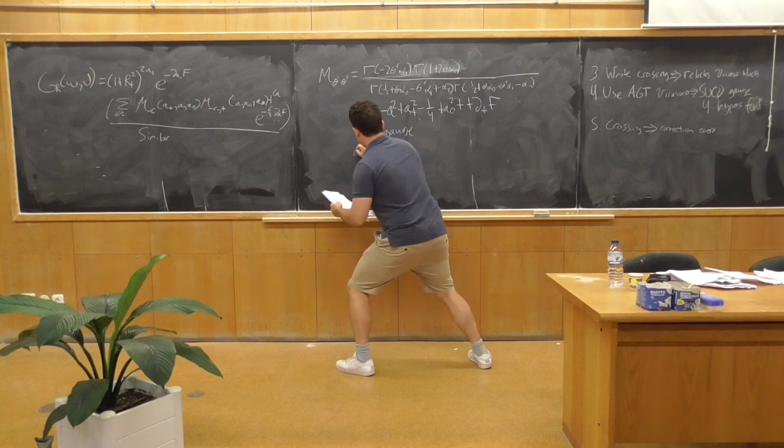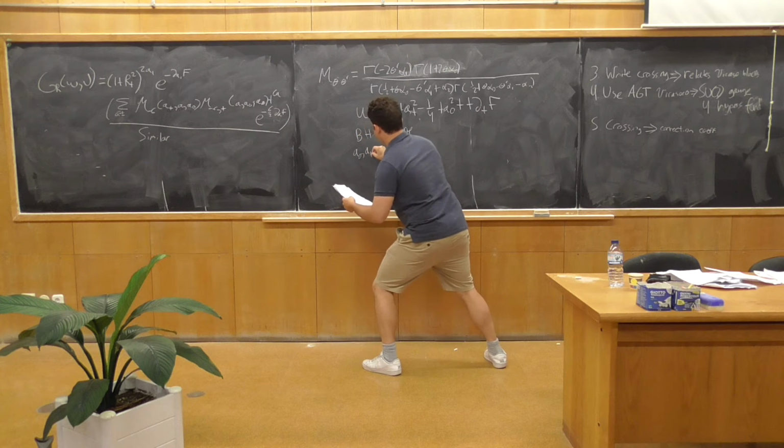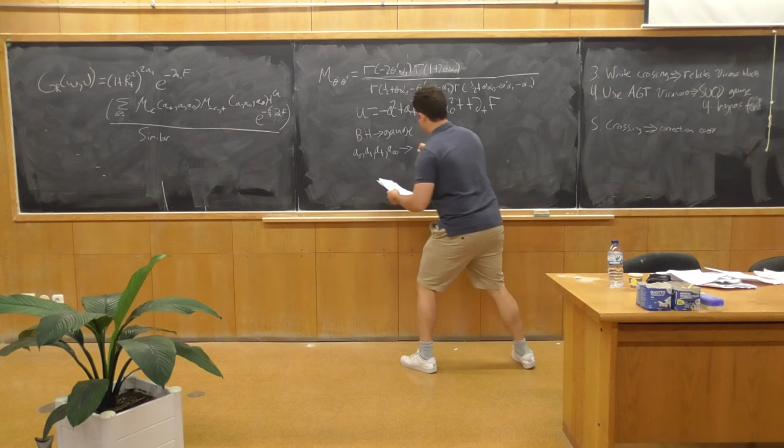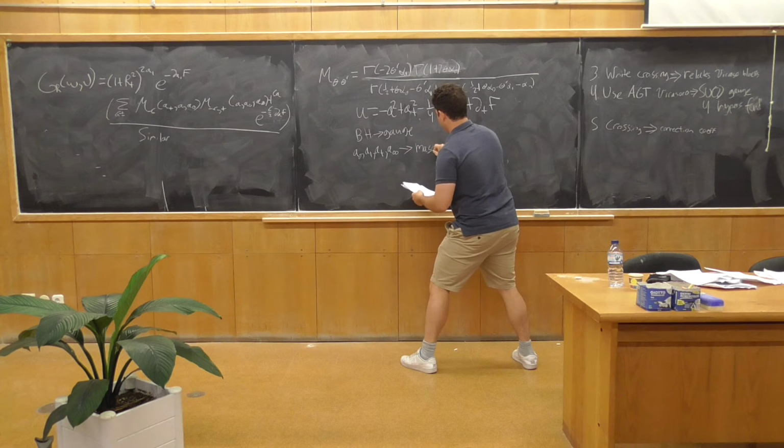So these parameters A0, A1, AT, and infinity map to the masses of hypers.